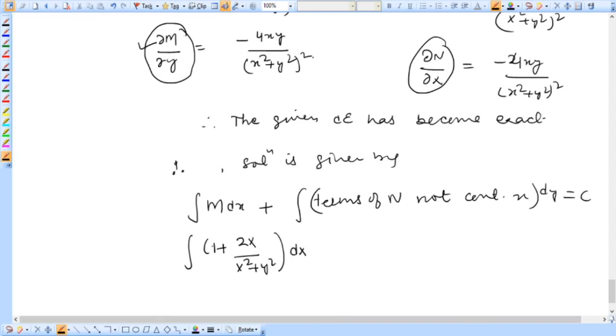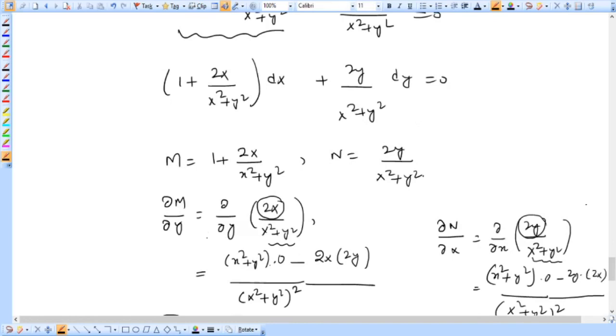Now see what is N here. N is 2y over x square plus y square. There is only one term, and in this term x is present, right?